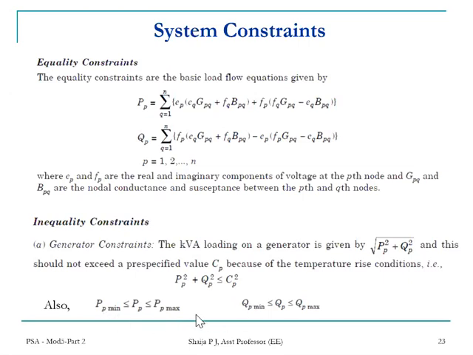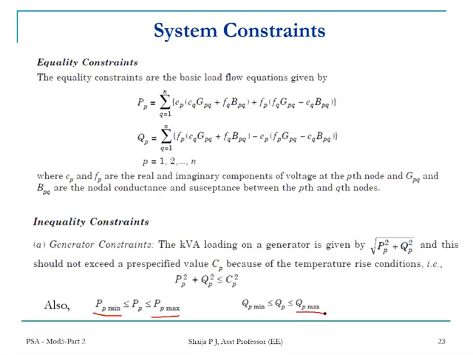The maximum active power generation of a source, this P max, is limited by thermal considerations. And the minimum power generation is limited by the flame instability of a boiler. Similarly, the maximum and minimum of reactive power generation of a source are also limited.